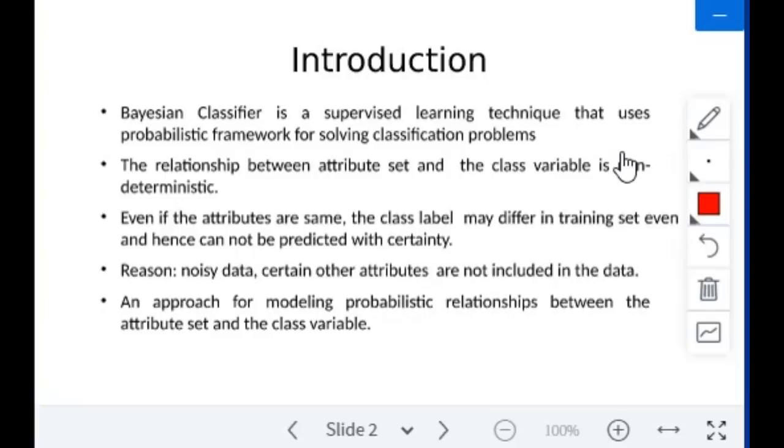Bayesian classifier is often used in classifying text documents into one of multiple predefined categories. As I told, Bayesian classifier is a supervised learning technique.